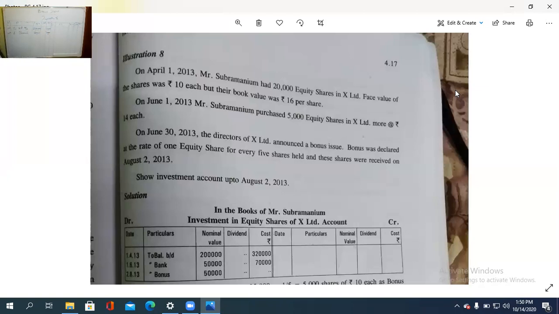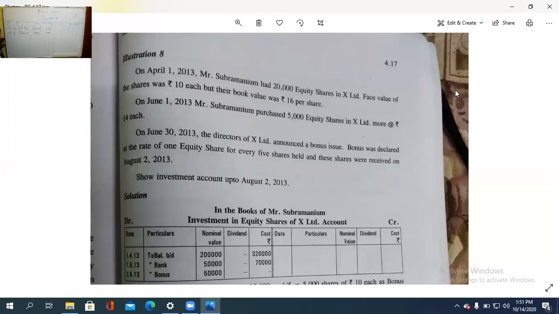Then on June 30, directors of X Limited announced a bonus issue. Bonus was declared at the rate of 1 equity share for every 5 shares held. 1 equity share ബാക്കി 5 share. So it is 1/5, isn't it? Therefore, how many shares? 25,000 ഇല്ലേ? 20,000 ആദ്യം പർച്ചേസ് ചെയ്തു, ഇവിടെ 5,000.